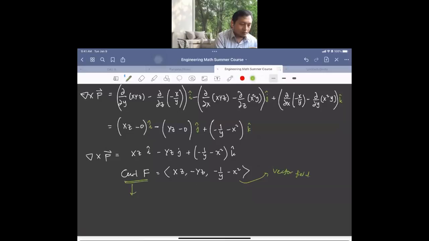So we can say that the curl results in a vector field, and we can also say that it represents the rotation of a vector field.